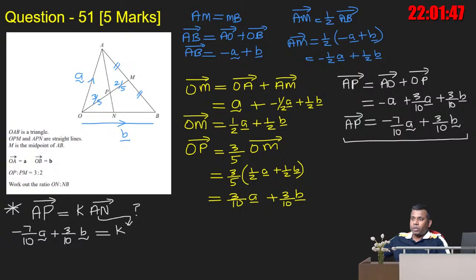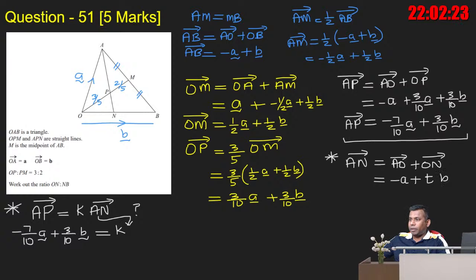So now I'm going to put another star mark here. I'm going to write AN vector. AN vector is equal to AO vector plus ON vector. AO is minus A, plus ON is the same as B vector, because ON is in the same direction as OB. So I'm going to write T times OB vector.